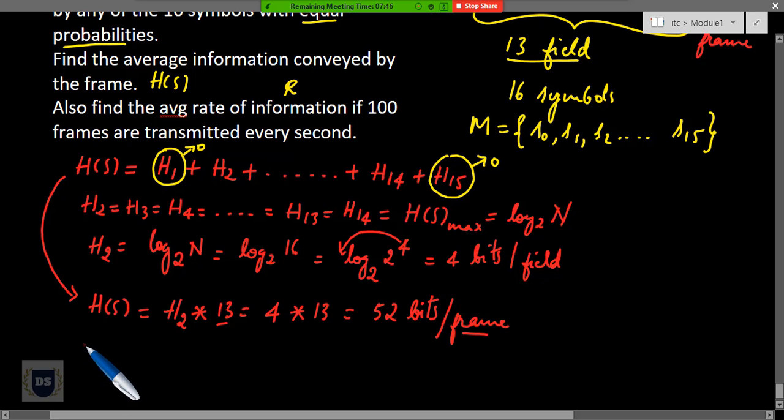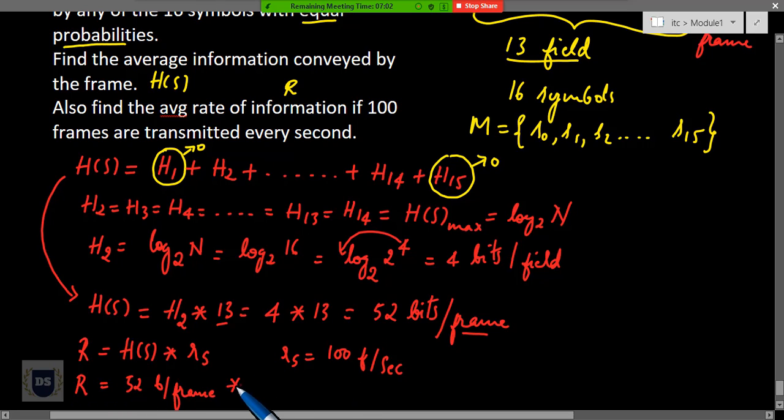Now let's calculate the value for the average information rate, capital R. This average information rate R is given as H of s into rs, where rs is equal to 100 frames every second. So R equals H of s, which is 52 bits per frame, times 100 frames per second.